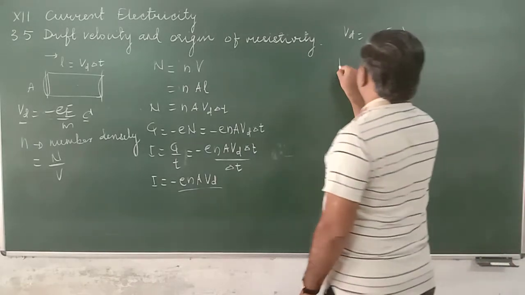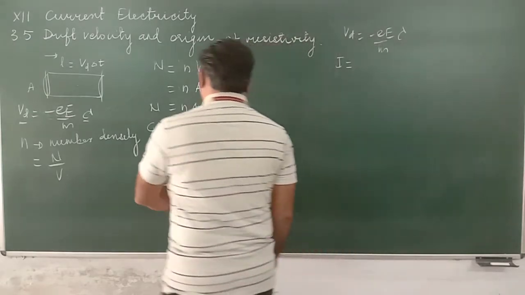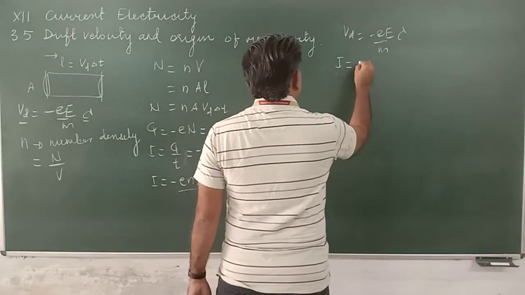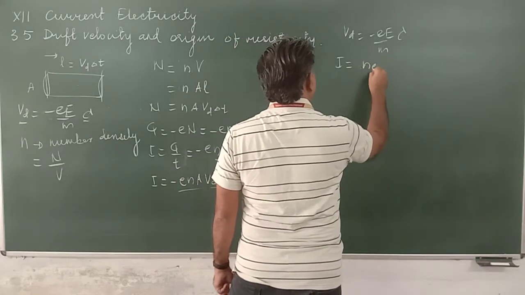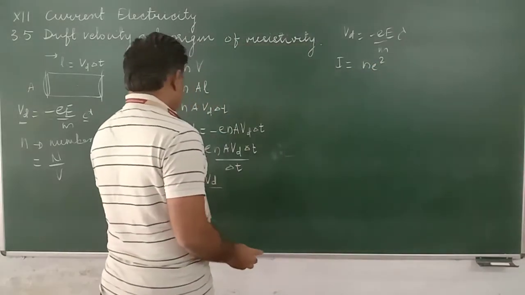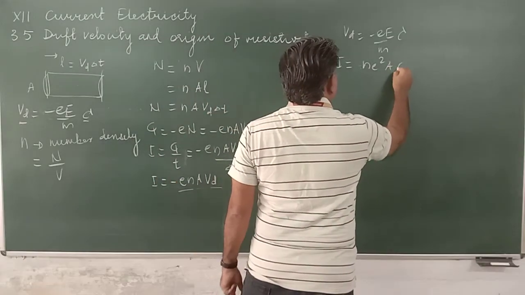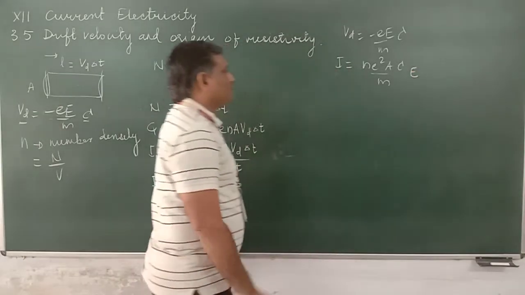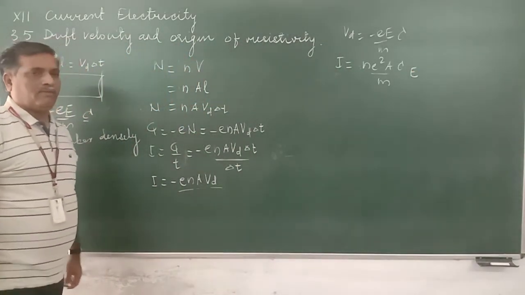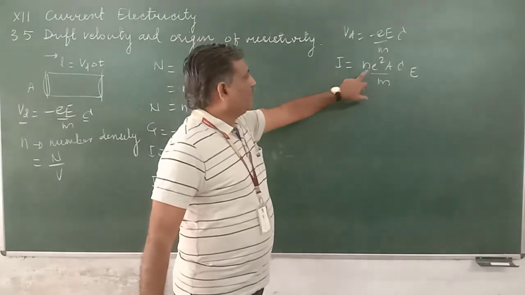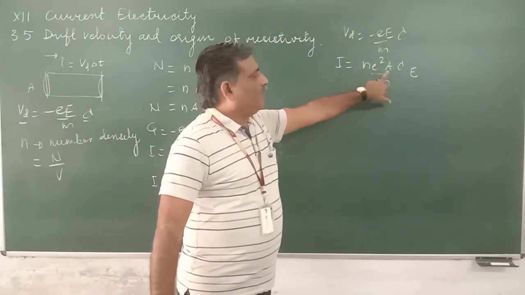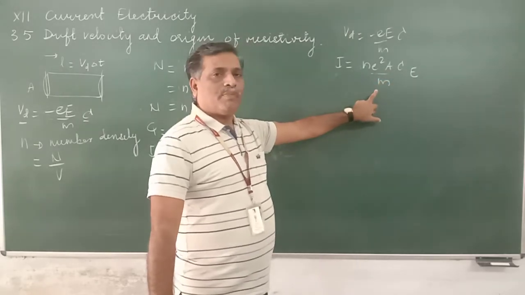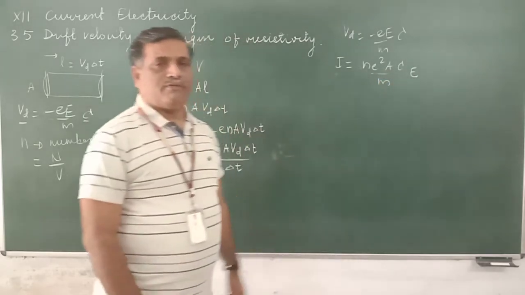So current I is equal to, we can replace it, minus becomes n e square A tau by m times E. This is the current, where n is number density, e is the charge on electron, A is the area of cross section, tau is relaxation time, m is mass of electron, and E is the intensity of the field.